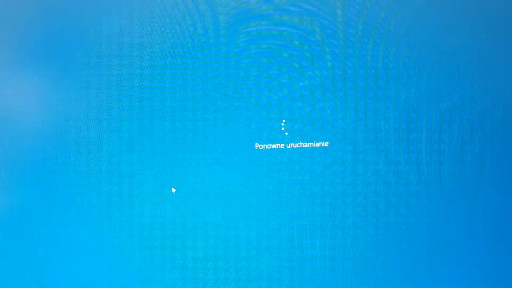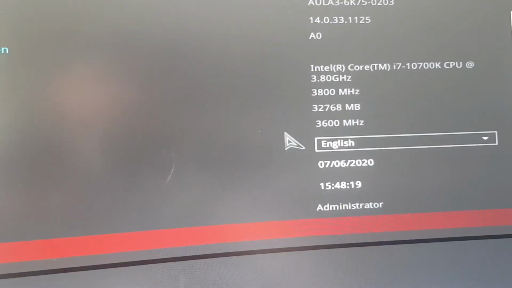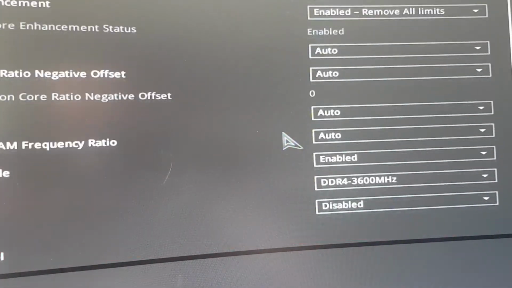So be aware that these BIOSes have a flaw, because as I said, when changing only the cache ratio, you are able to get enormous voltages on auto. And also the prediction is, I don't know from where, but anyway, let's go back again.